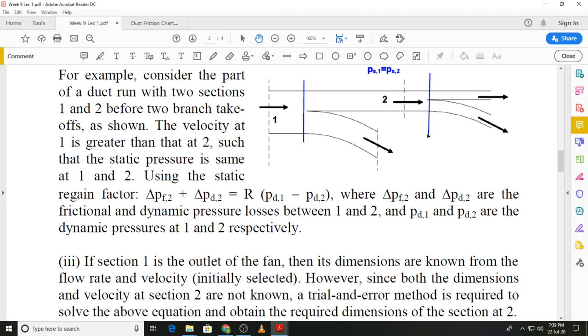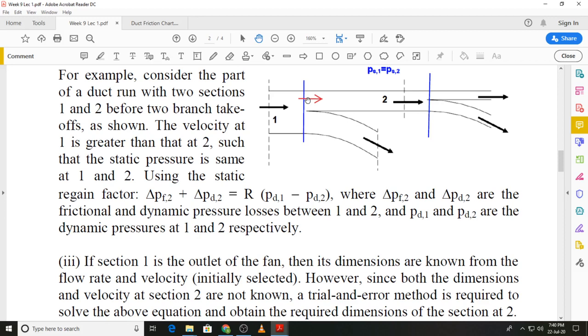That means as soon as we move from section 1 into this small part of the duct with a smaller area where we have the takeoff, and we have decreased the velocity from 8 meters per second to 7 meters per second, that means it will lead to a rise in the static pressure, and the static pressure will now become 59 pascals.